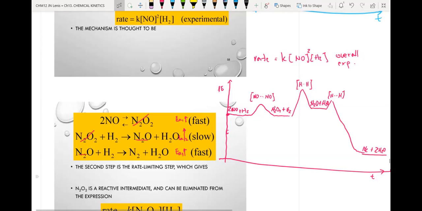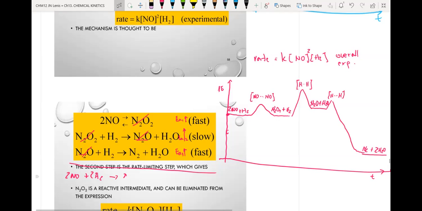When we add these two together, we get 2NO plus here we have 2H2 to form. This is an intermediate, we cancel. This is an intermediate, we cancel it because it was consumed.